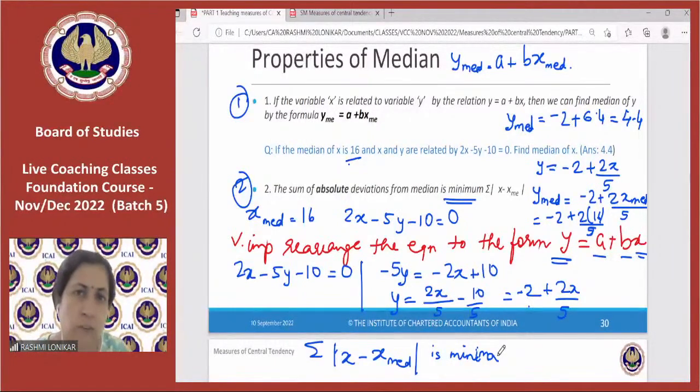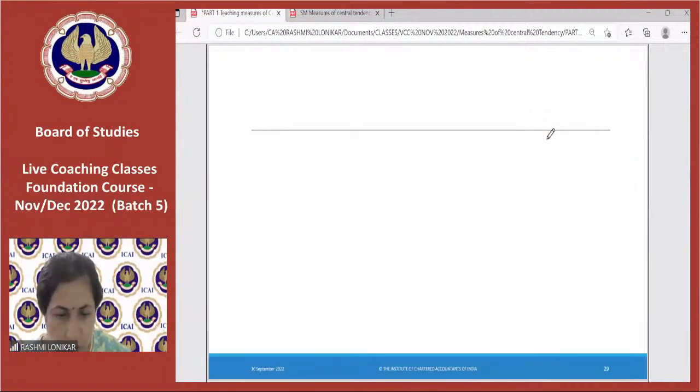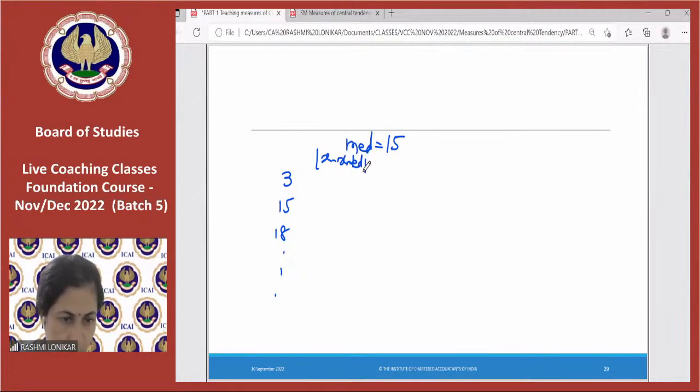When you have a median and you take the absolute deviation, what does absolute deviation mean? Let me show you one example. Suppose my median comes to 15 and my numbers are 3, 15, 18 and so on. What does this absolute difference, x minus x median, mean?